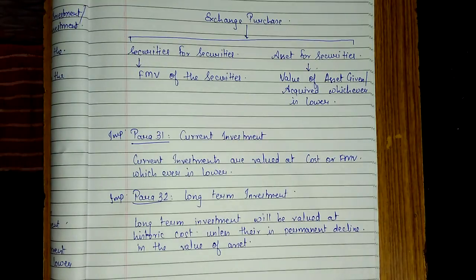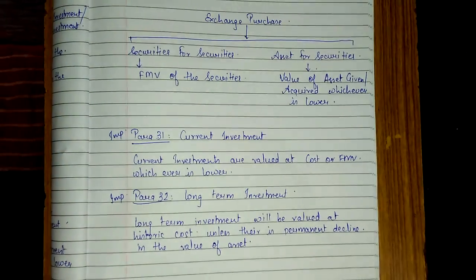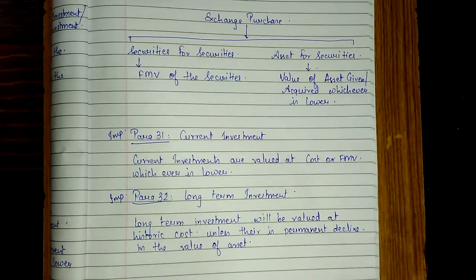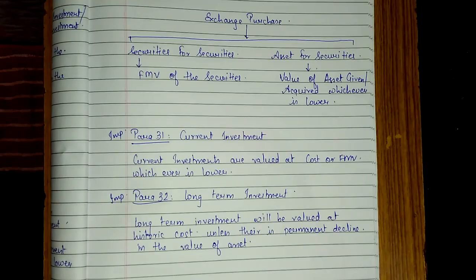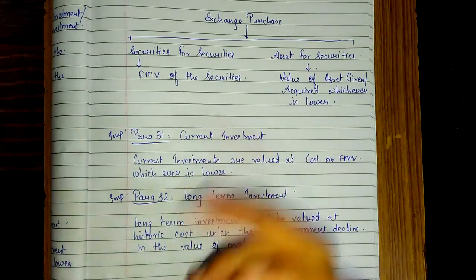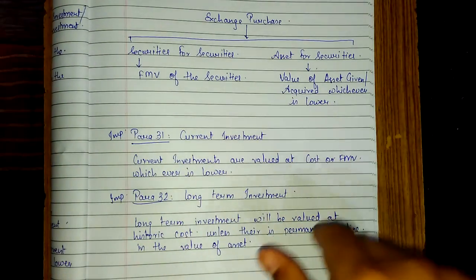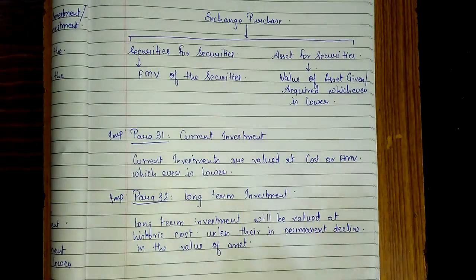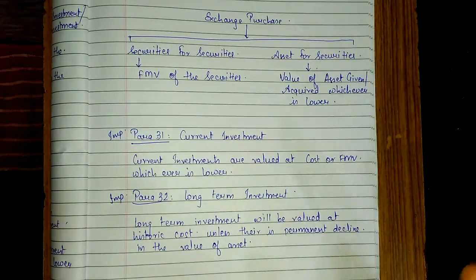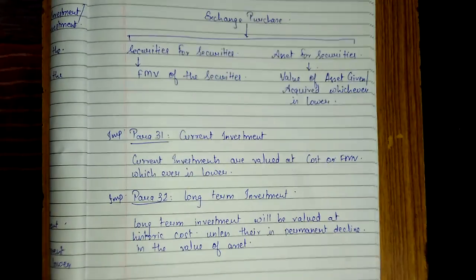That means it is a long term investment, and you know the prices of gold are fluctuating, and suddenly after 2 years there is a permanent decline in the market of gold. Say the price of that brick that you purchased earlier was rupees 2 lakhs, but now it is only 1 lakh, but it is a permanent decline and there won't be any appreciation as per the market.